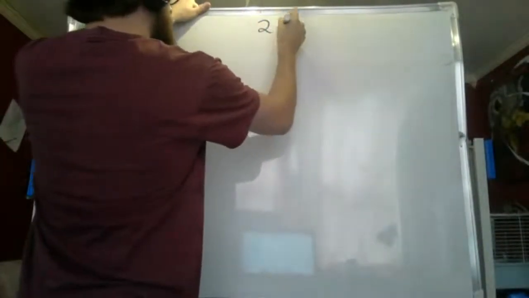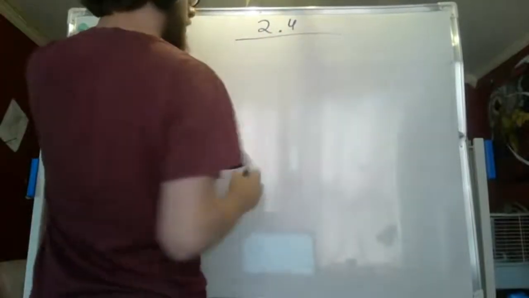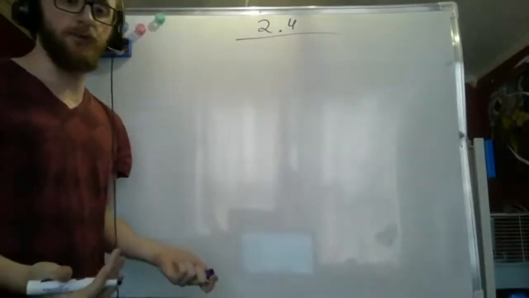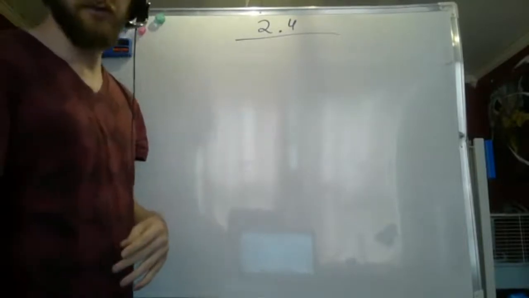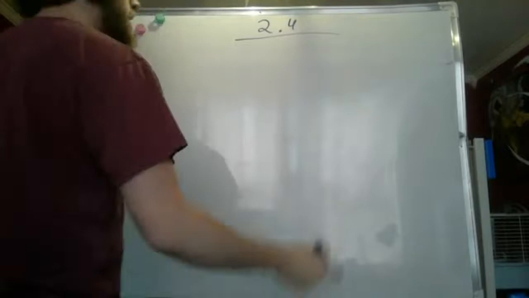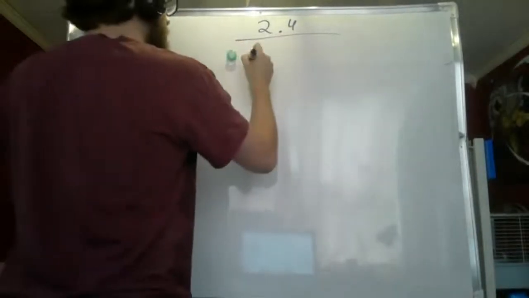So we are in, as I stated, chapter section 2.4. And just as before, we want to cover some vocabulary first. So the first thing I want to talk about is the word marginal.